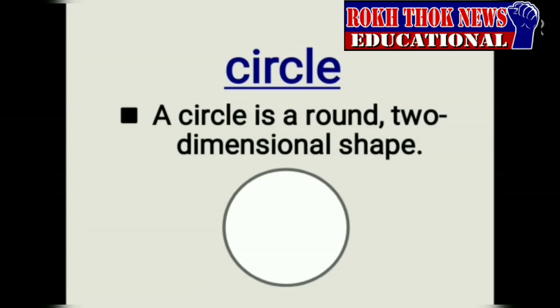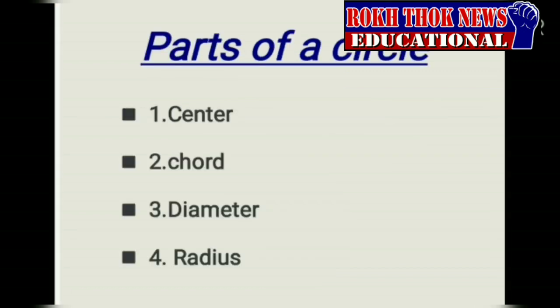So, students, what do you mean by circle? A circle is a round, two-dimensional shape. Now, there are different parts in a circle like center, chord, diameter and radius. These are the different parts of the circle and we are going to learn about each part.